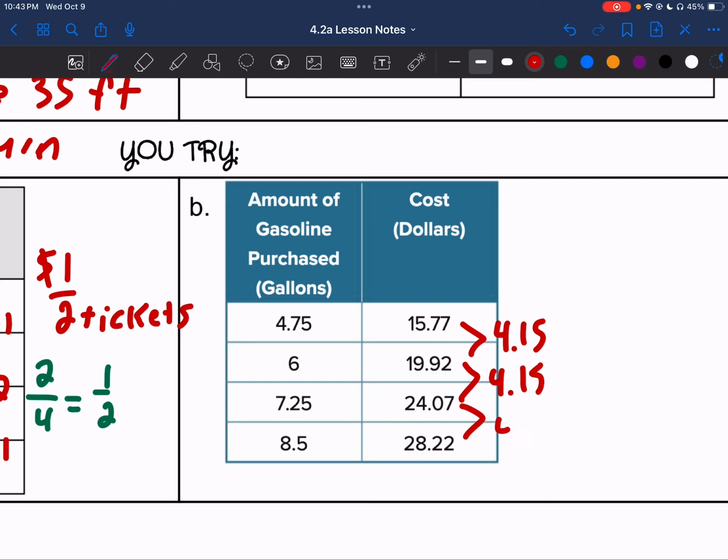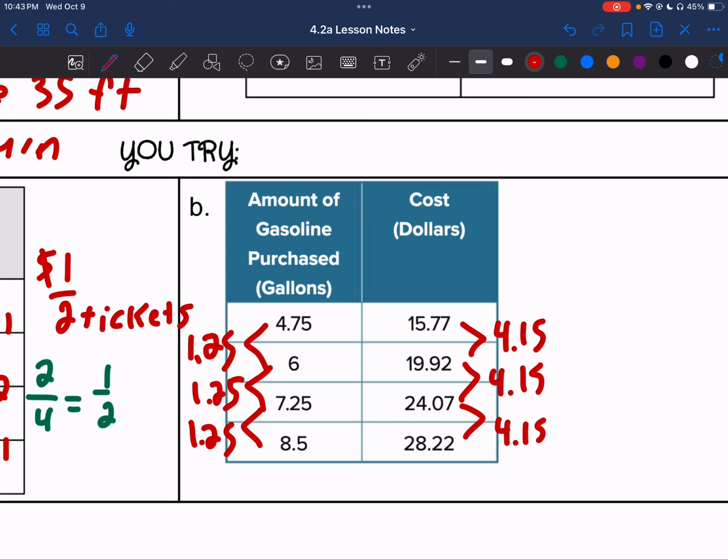All right, so now to go from 4.75 to 6, that's a 1.25 increase. To go from 6 to 7.25 is a 1.25 increase. And again, to go from 7.25 to 8.5 is a 1.25 increase.